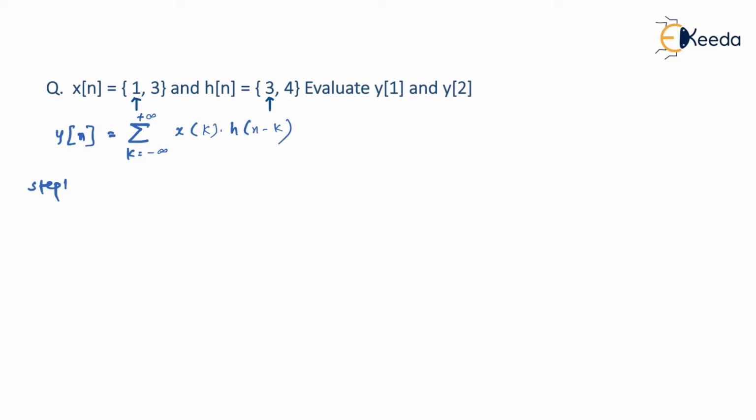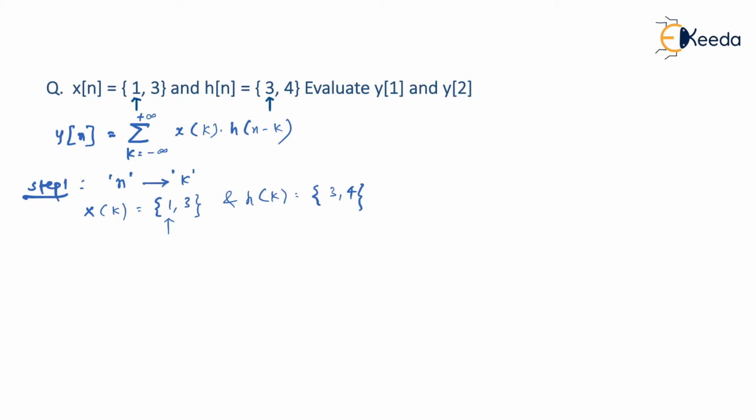Step number 1. So we are replacing n with k. As I said, signal parameters or signal properties are not going to change. Therefore, x of k is going to remain the same. Only the independent variable name is changed: 1, 3, and of course h of k is equal to what? It is 3, 4, right?